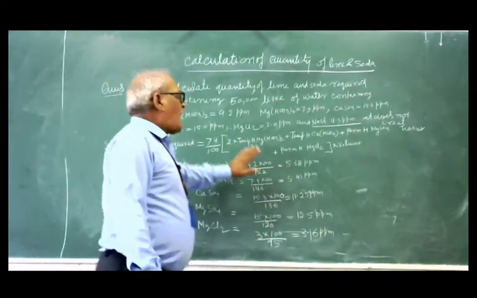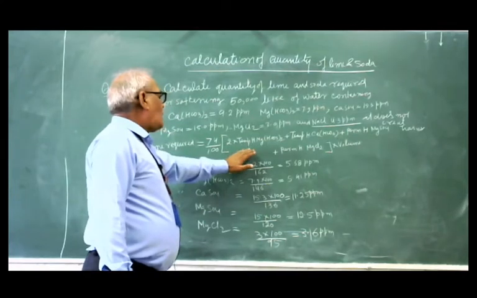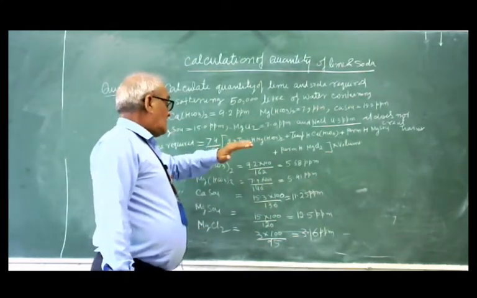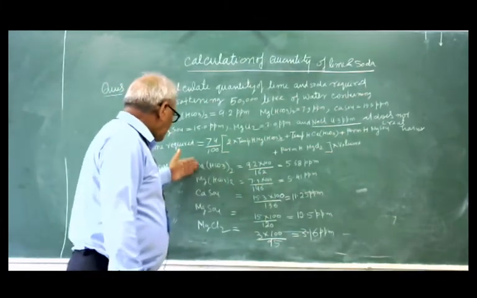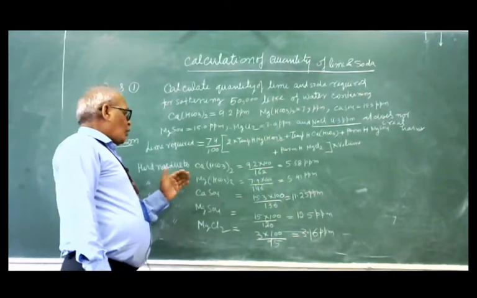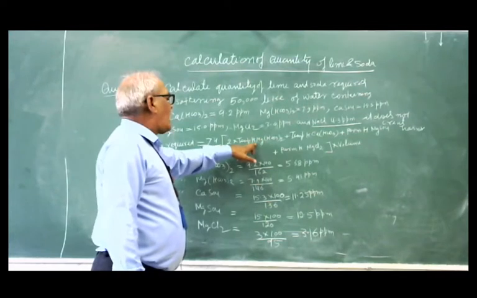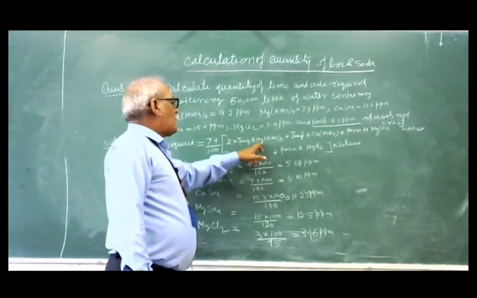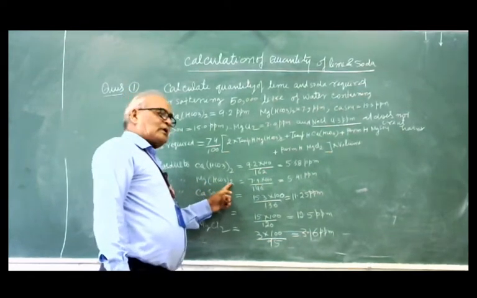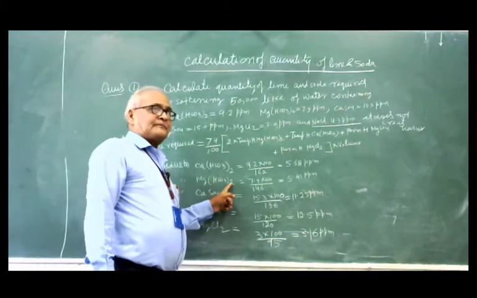Here I have not written the full formula. I have written only the formula in which hardness of the given salts are required. So here I have written 2 times temporary hardness of magnesium bicarbonate. Just see, this is the magnesium bicarbonate. It requires 2 times of the calcium carbonate.